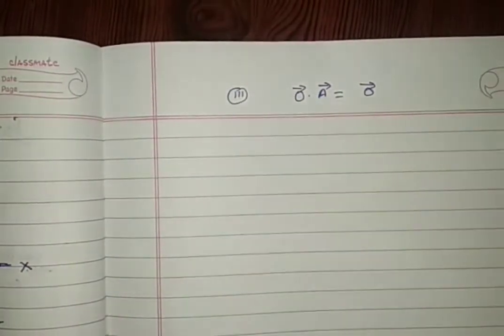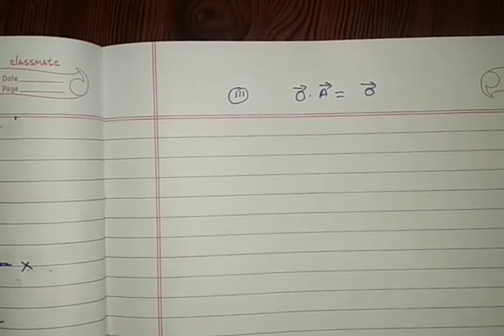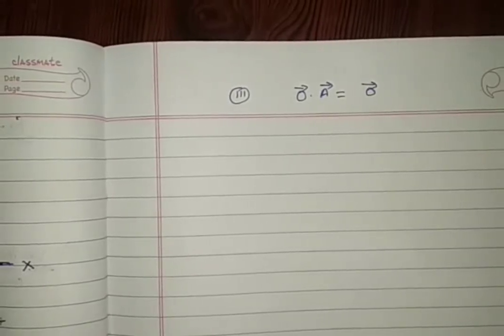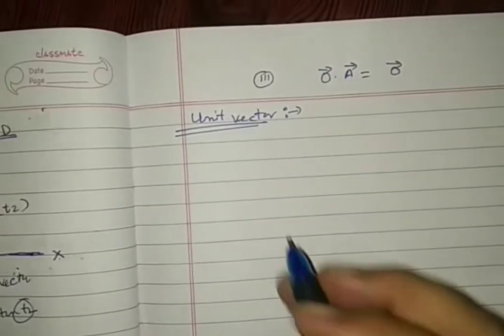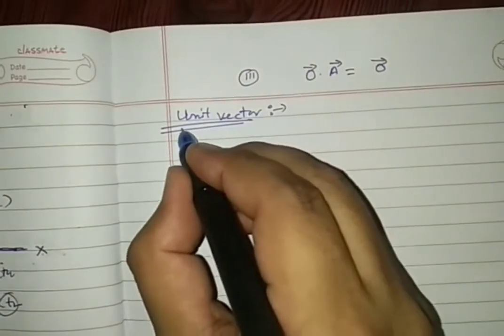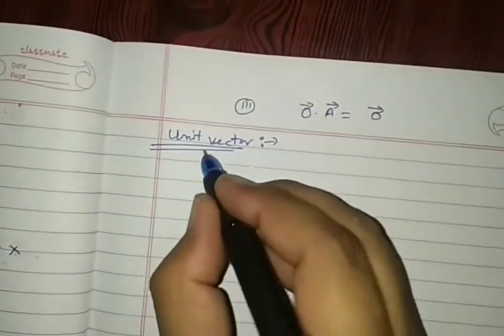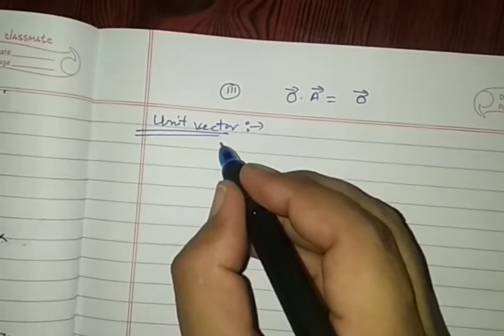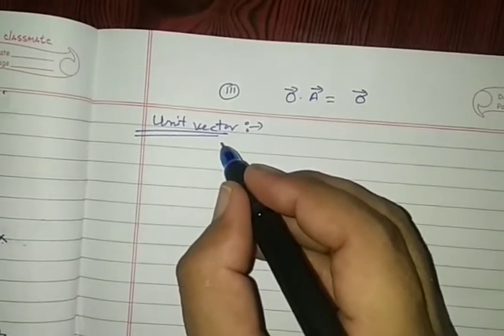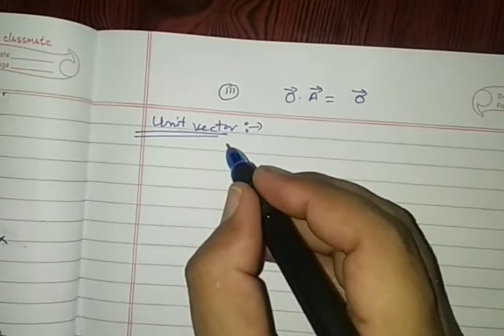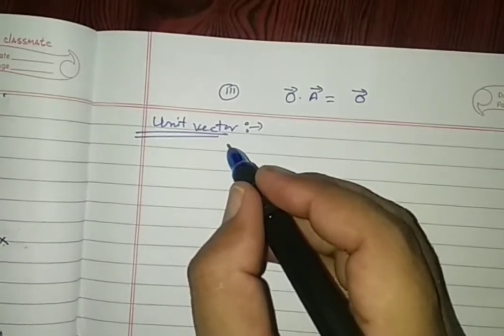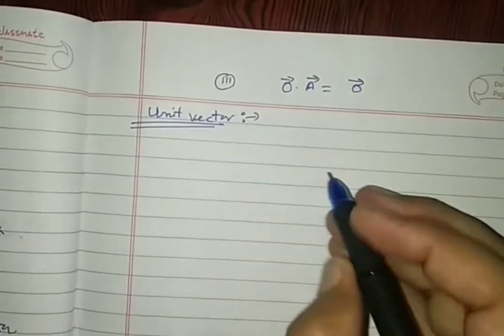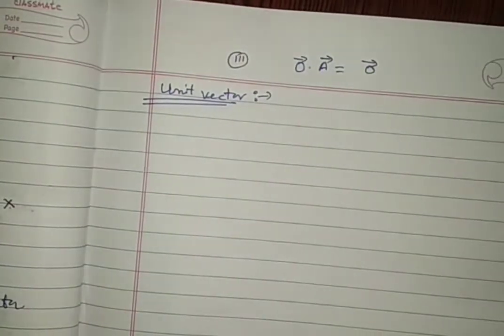These are the three fundamental properties of the zero vector. Now we are going to see unit vector. The concept of unit vector is much more important here in the vector analysis, and this concept will be applicable also in mathematics. So see carefully what is the unit vector.